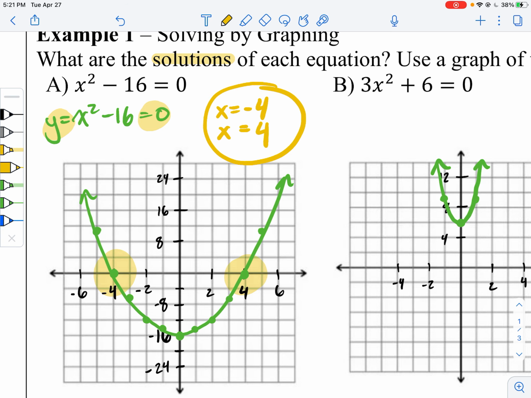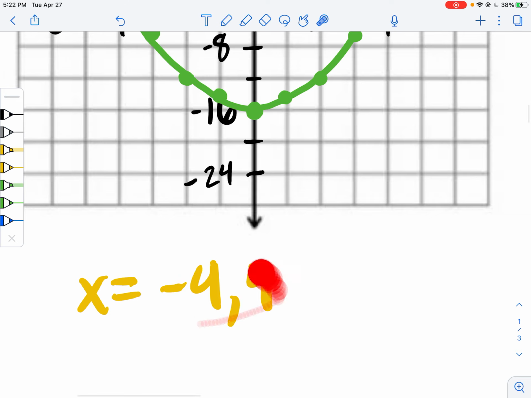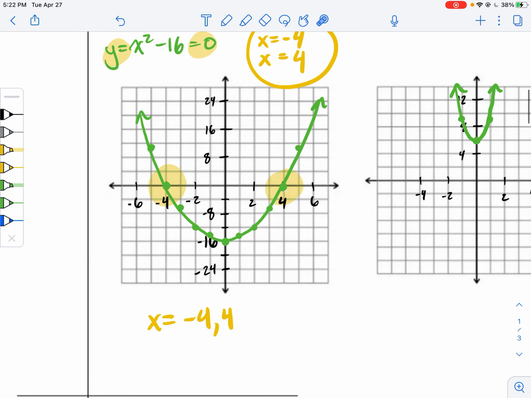That's kind of lengthy, so normally you'll see your answer like x equals -4, 4. They won't always be opposites. It could be -8 and 2, or -6 and -5. These just happen to be -4 and 4.